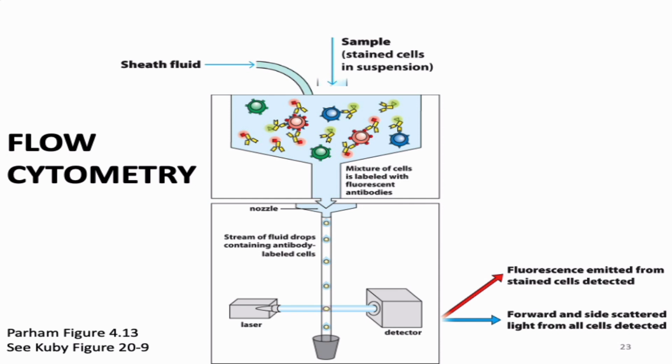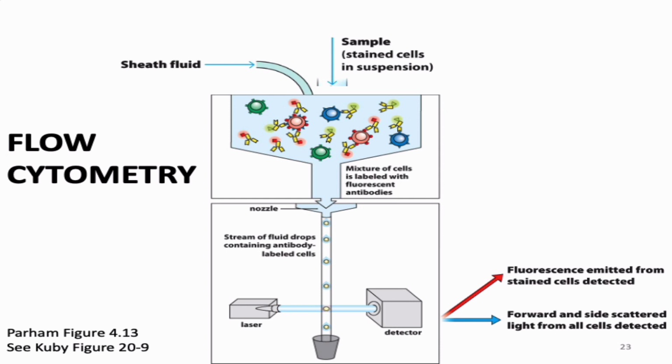So basically, I'm going to use some physics principles to play with water pressure or liquid pressures and things like that, and I'm actually going to make a stream of fluid drops that each have 1 cell per droplet. And I'm going to make this falling array of those cells, so you can see my falling array of cells.